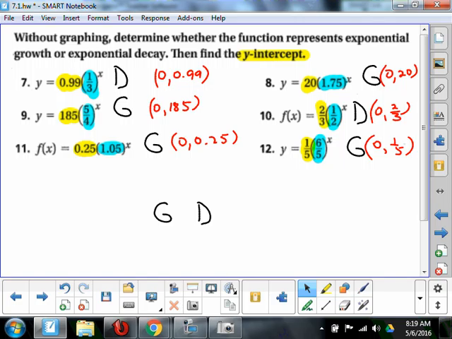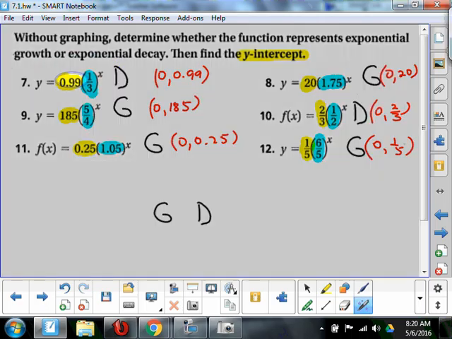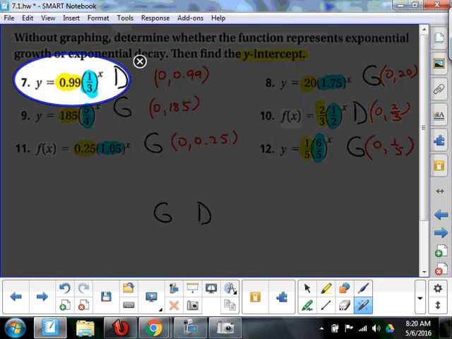Okay, they didn't ask you what the rate of growth or decay is, but I'd just like to look at each one of these and talk about the rate. Number 7, does anybody think they know what the rate of decay would be? Remember, if we're finding the decay rate, we take 1 minus the b, and then we make that a percent.